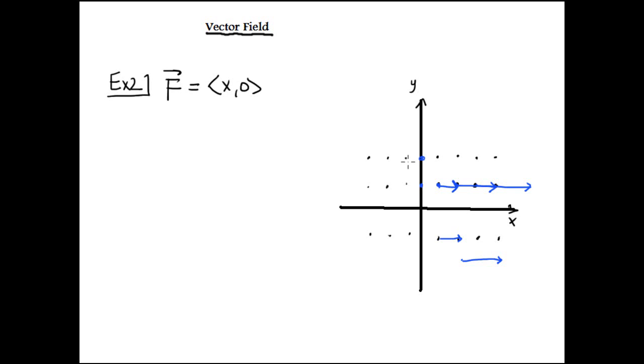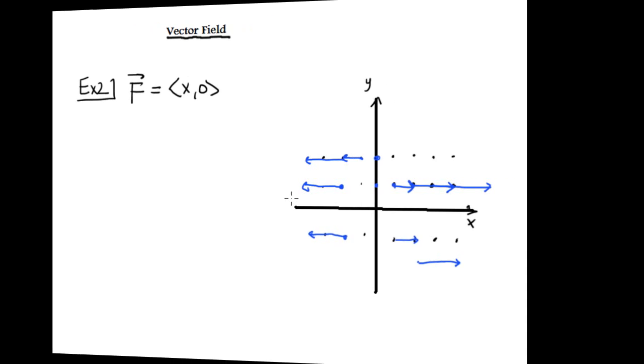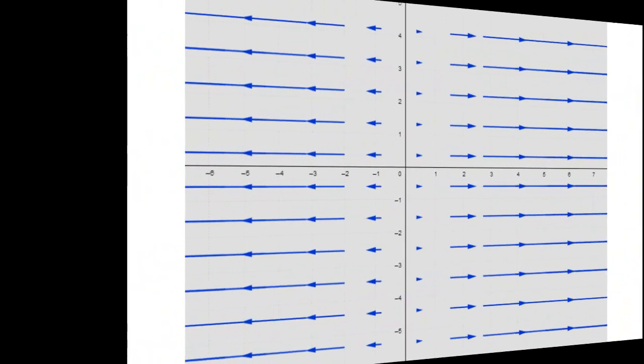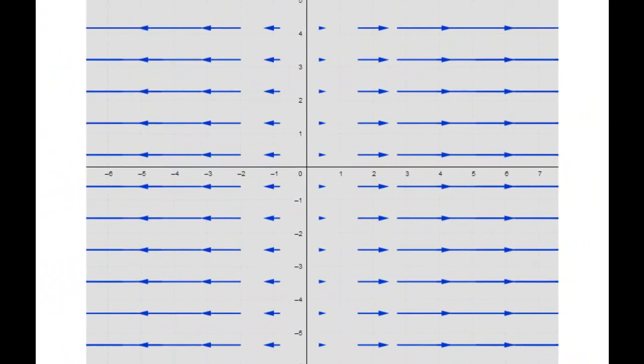But negative 1 is the opposite direction, and negative 2 is the opposite direction here. Okay, this is the vector field, the sketch for the second example. This is a sketch in GeoGebra of the vector field x, 0.